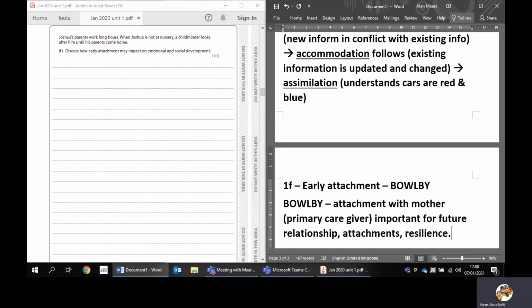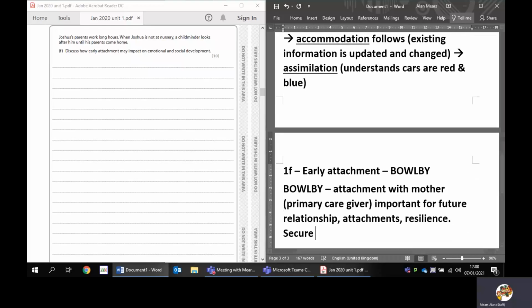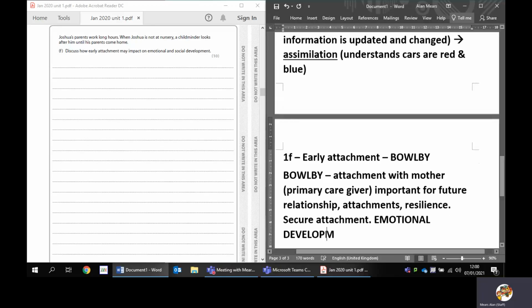and again, a secure attachment in early childhood is key. And again, it was all about trying to show that the attachment to mother is more important for, obviously, emotional development. So it is all part of emotional development.